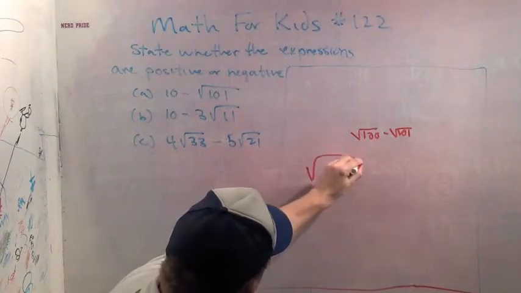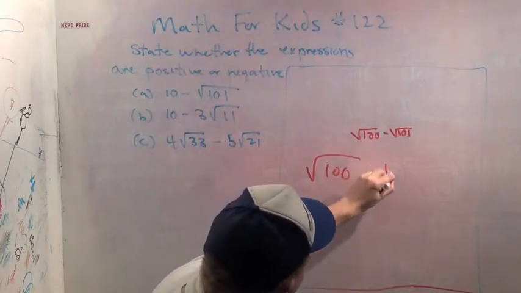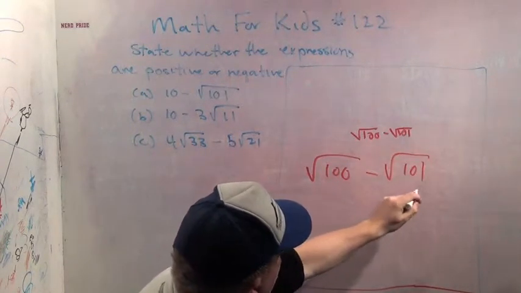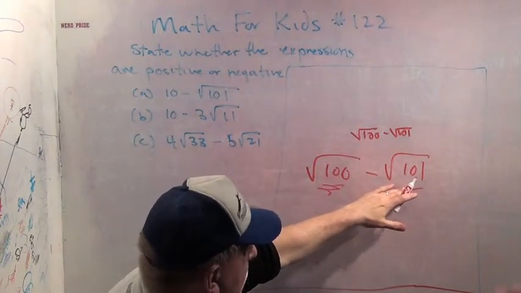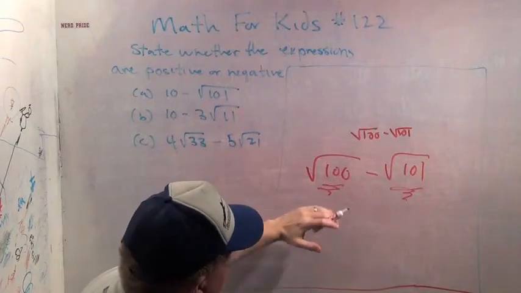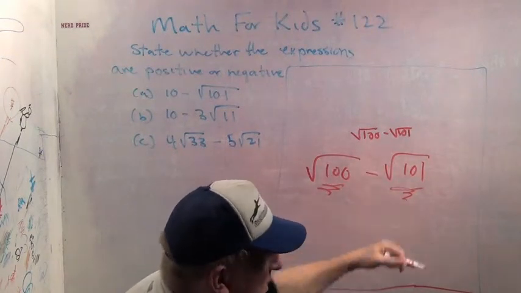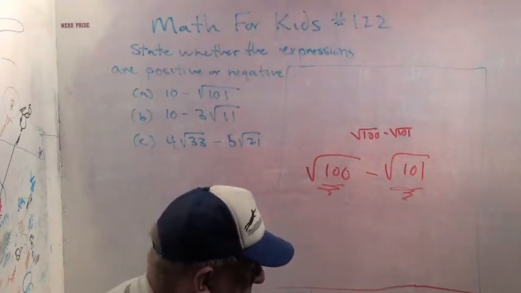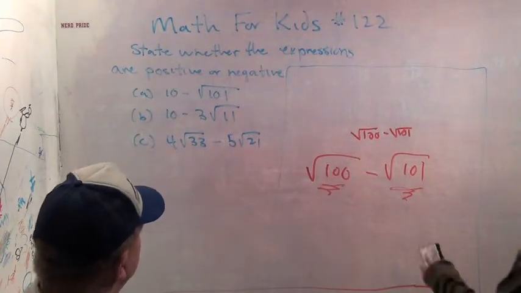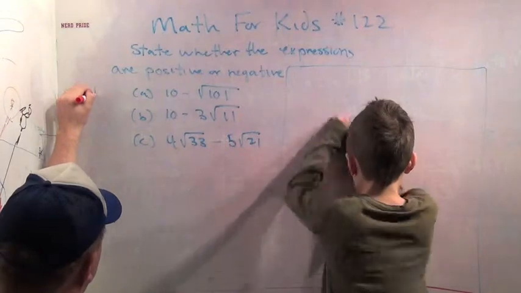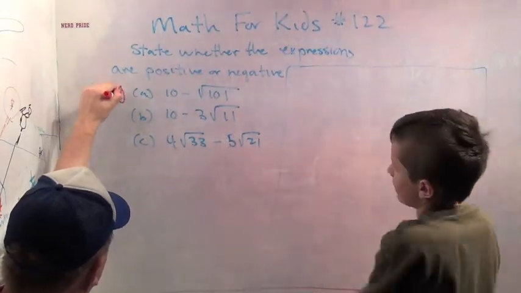We have the square root of 100 minus the square root of 101, and the square root of 101 is bigger than the square root of 100. So small number minus big number is negative. So we said this one was negative.